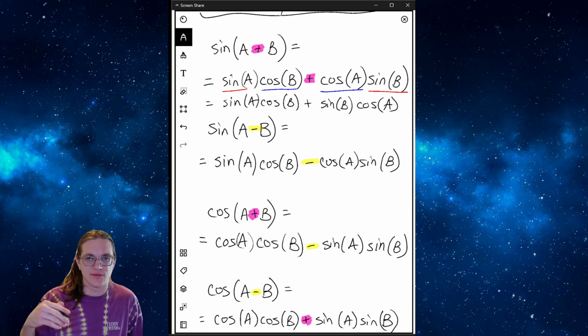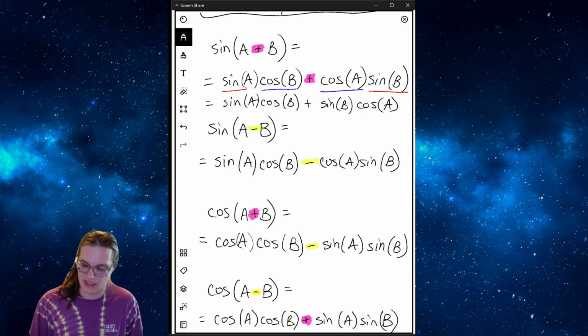Again, it's just the way a certain person's mind works when they're writing this down. They're thinking, okay, I need to remember this trig identity. So when I'm working with sine and the angles are being added, it's sine, cosine, sine, cosine. I remember sine plus cosine, sine, cosine. But then it's A, B, B, A. You have to switch.